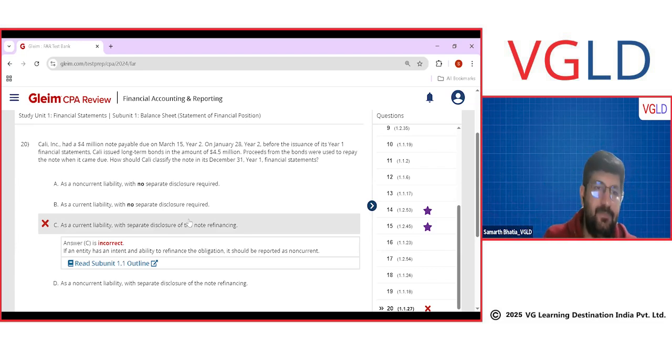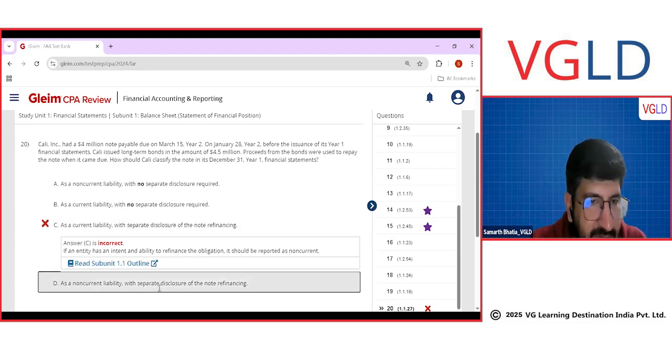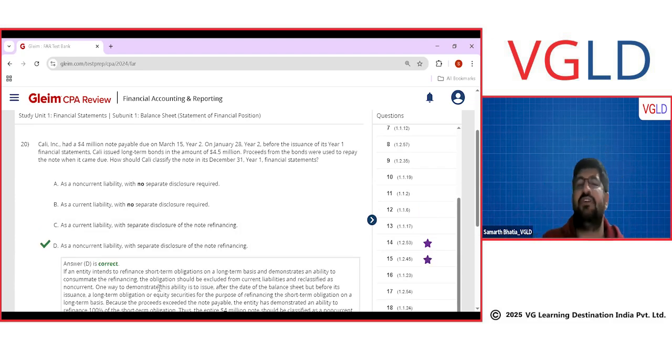That's the reason we cannot classify it as a current liability. We'll definitely classify it as a non-current liability, and we will make a separate disclosure as well. When this type of case is there, the disclosure is compulsorily required.